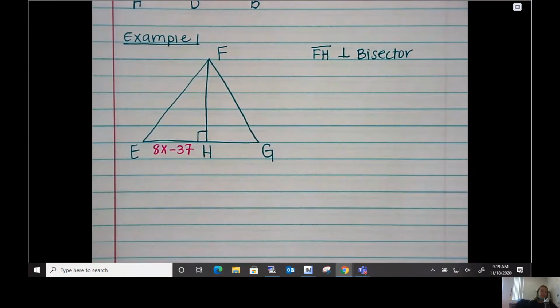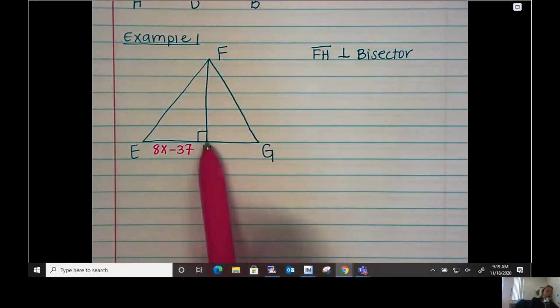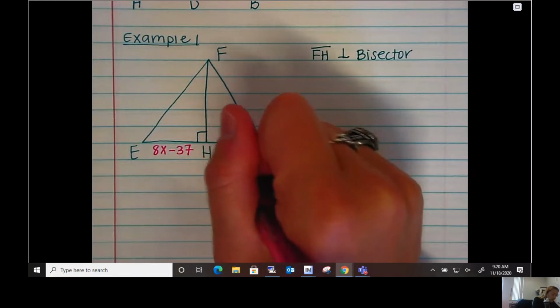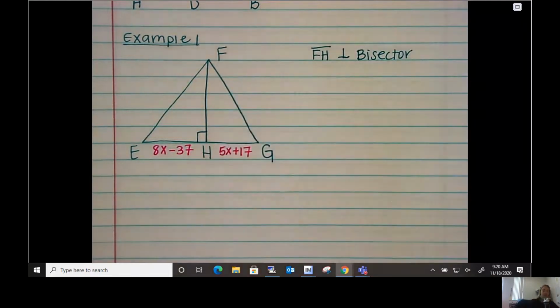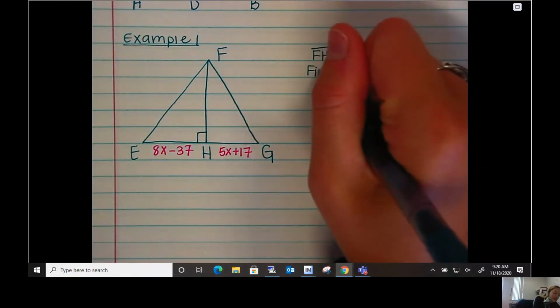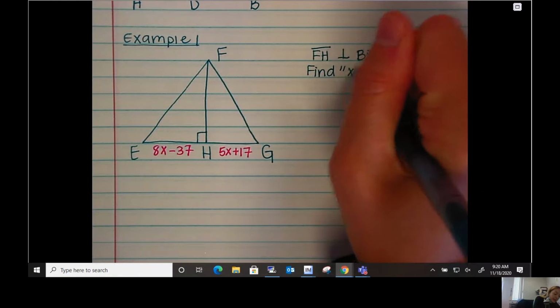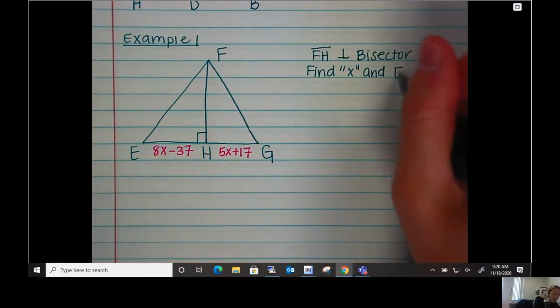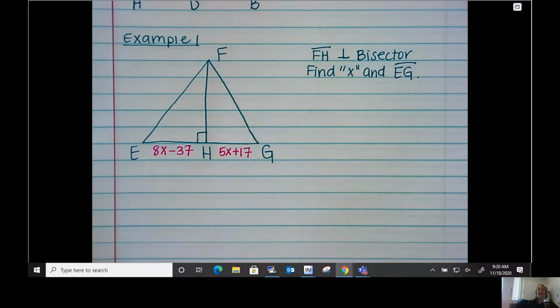And then the other piece I'm going to give you is HG right next to it, and that is 5x plus 17. So what I want you to do is you're going to find x, and you're also going to find EG. You need 2 pieces. You're going to find x and you're going to find EG.